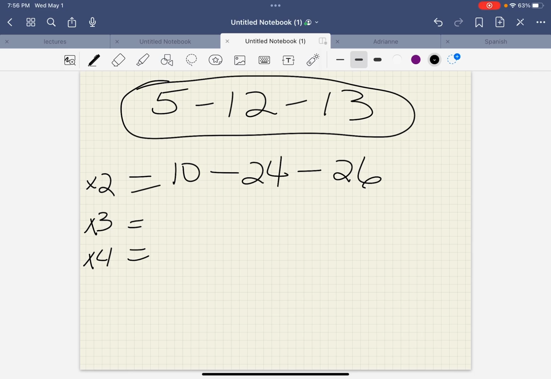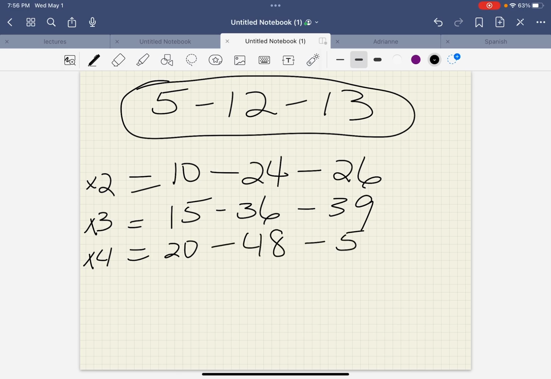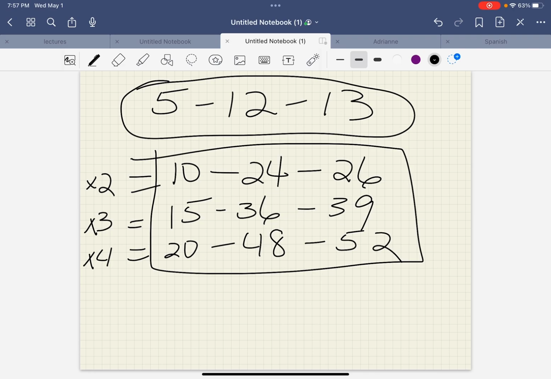Okay, so times 3, what would that give us? 3 times 5 is 15, 3 times 12 is 36, and 3 times 13 is 39. And then times 4, 4 times 5 is 20, 4 times 12 is 48, and 4 times 13 is 52. So all of these are also right triangles. Okay, they're triplets.